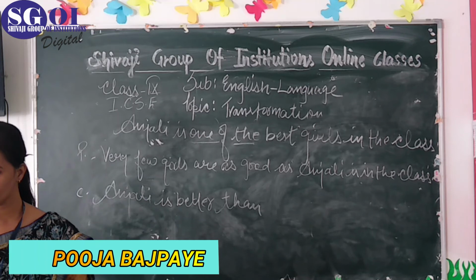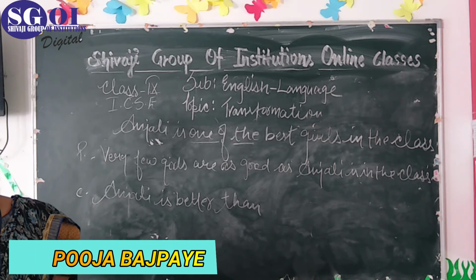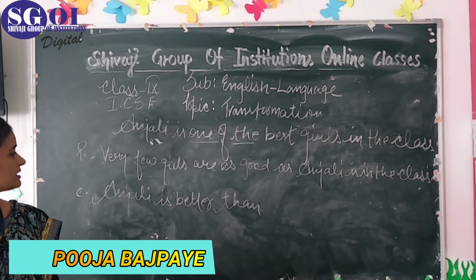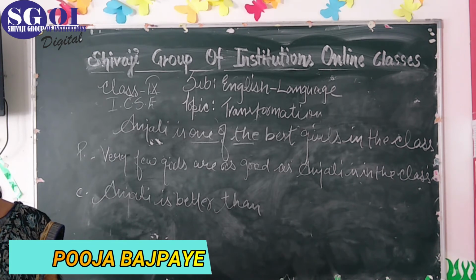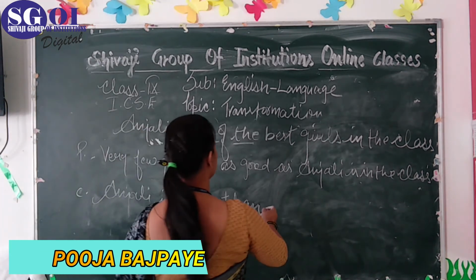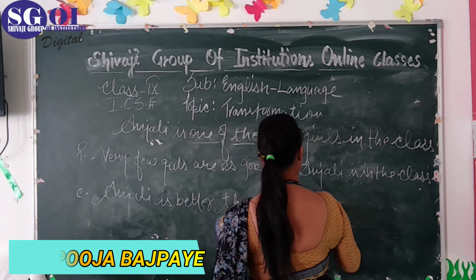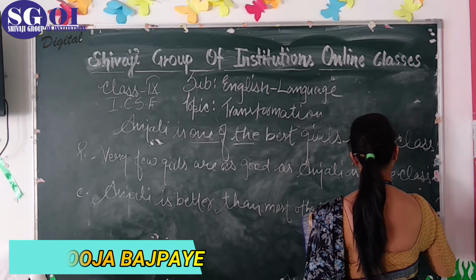So you have to change this sentence like this. Fine. If the sentence is Anjali is one of the best girls in the class, then: very few girls are as good as Anjali is in the class, and in the comparative, Anjali is better than most other girls in the class.